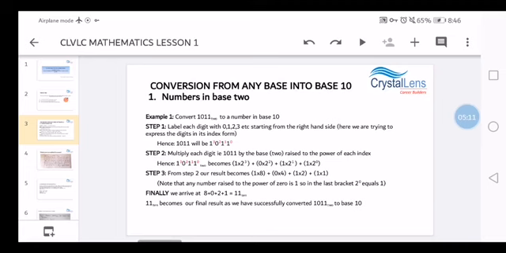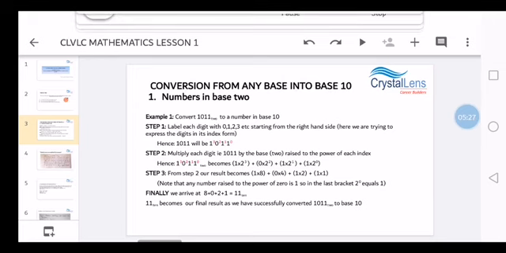Why do I have 1 there? Simply because 2 raised to the power 0 gives me 1. Note this, any number raised to the power of 0 is equal to 1.